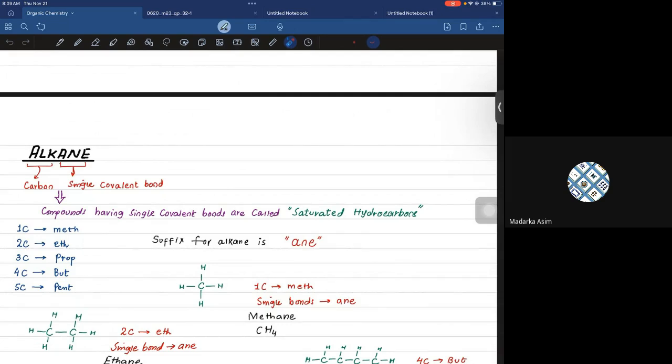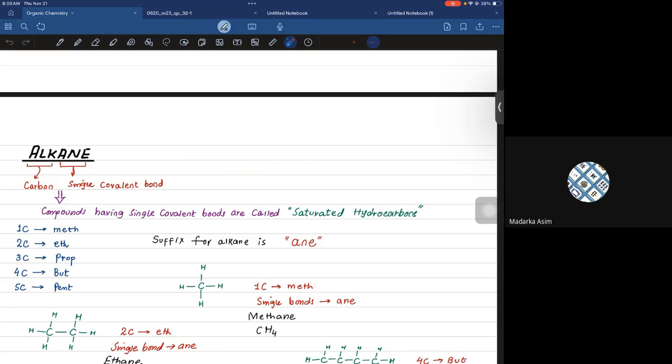So starting from alkane. Alkane, as the name indicates, I told you earlier that alk means carbon, right? And ANE means single covalent bond.